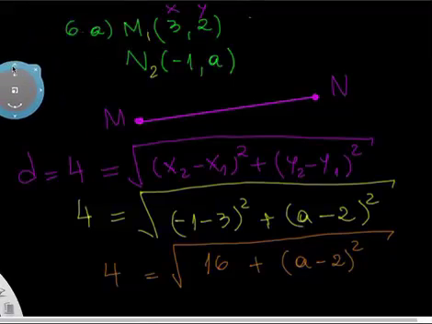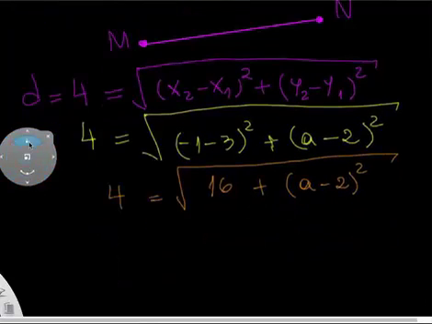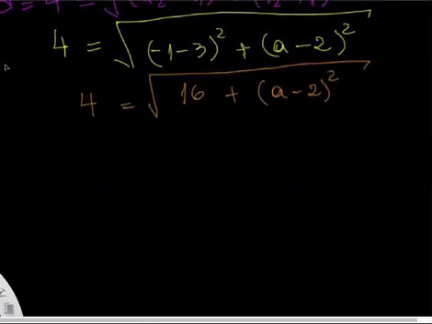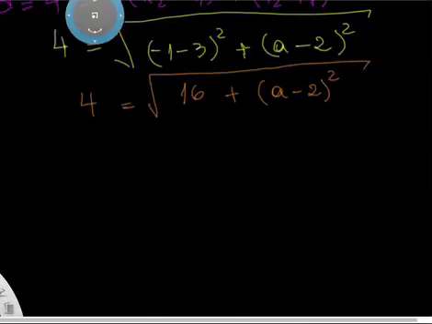So now we're going to solve this. If I have a square root on one side of the equation, one of the easy ways to simplify is by squaring both sides.